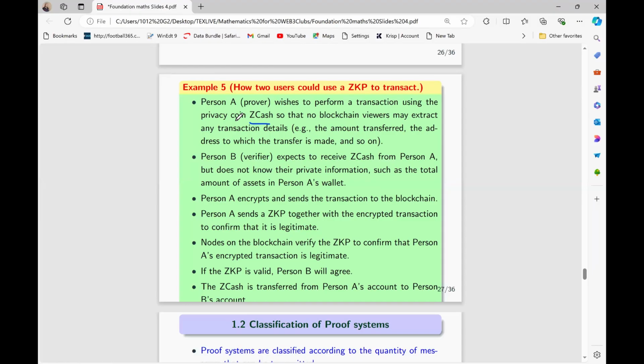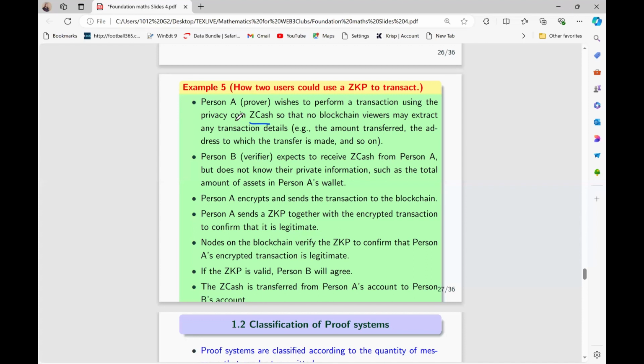So you have these two persons here. The prover wants to do some transaction. So it's this prover that knows the amount in his wallet. It is this prover that knows the address and so on. And he doesn't want this information to be known by other viewers on the blockchain.